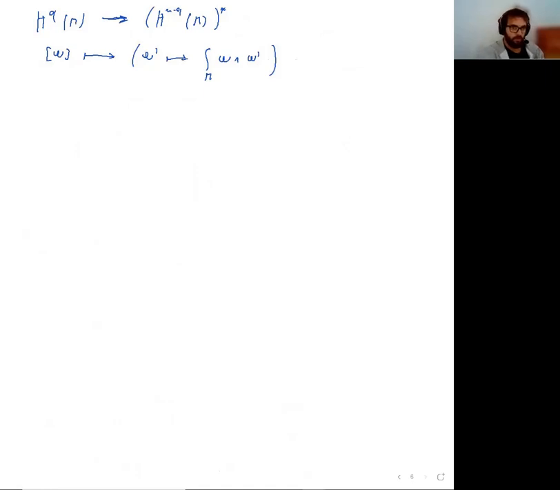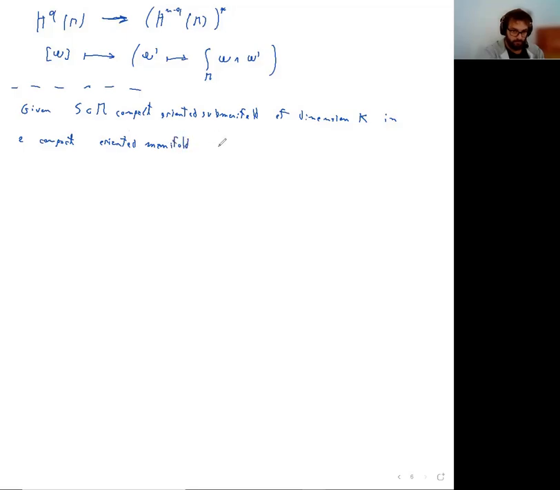But one thing that we saw where we used integrals is to not only integrate over the manifold M, but also how to integrate on a submanifold. So given a compact oriented submanifold of dimension k in a compact oriented manifold of dimension n.